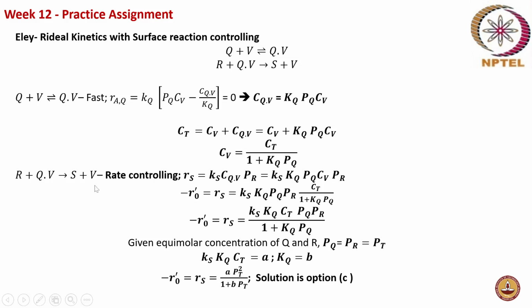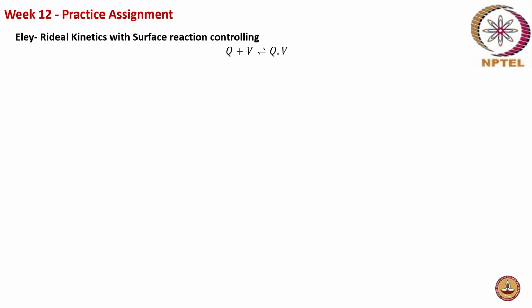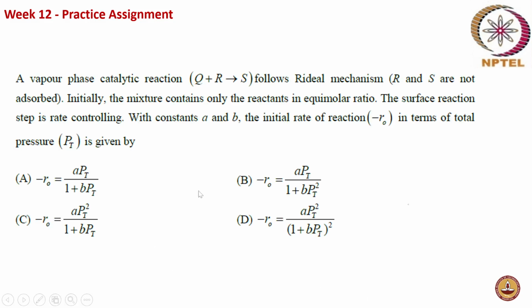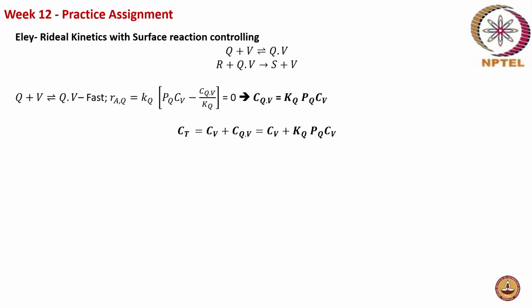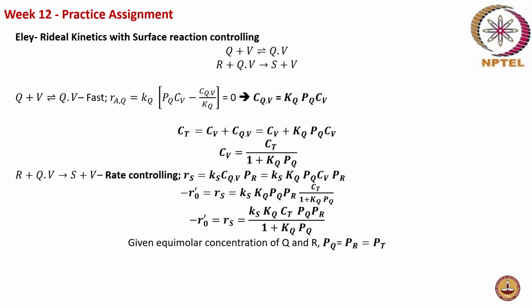They have asked only for the expression for the initial reaction rate. So when you write it as a reversible reaction, you will get R_S is equal to K_S into C_QV into P_R minus 1 by K_S into concentration of S into concentration of the vacant site, right?